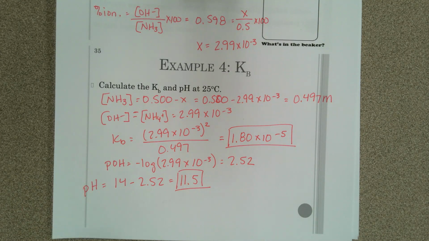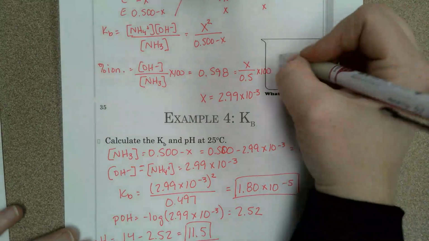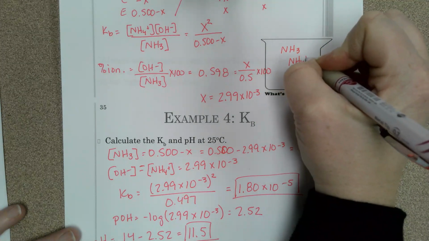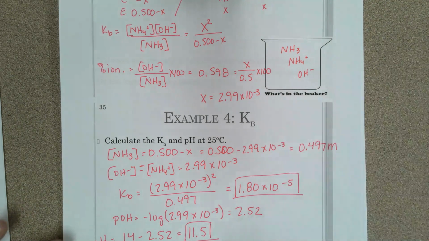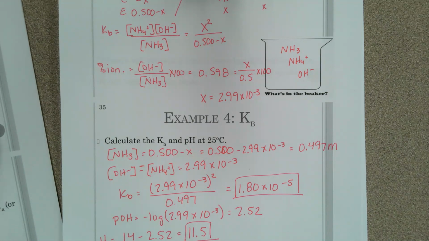You can cross that answer out because we know it's going to be greater than 7. So just make sure that you're looking back through and thinking logically, okay, what would my possible answer be? As to what's in the beaker, we're going to have some ammonia, ammonium ions, and hydroxide ions floating around in our beaker. All right. And these are weak bases.